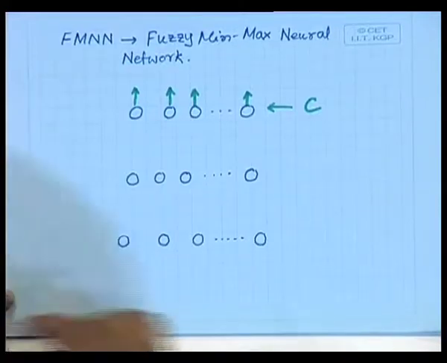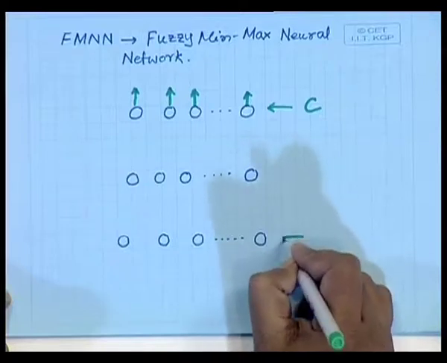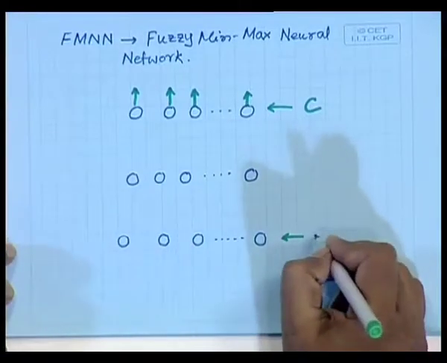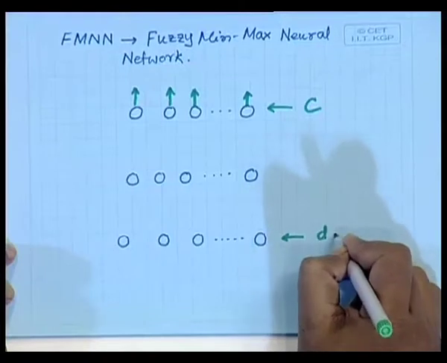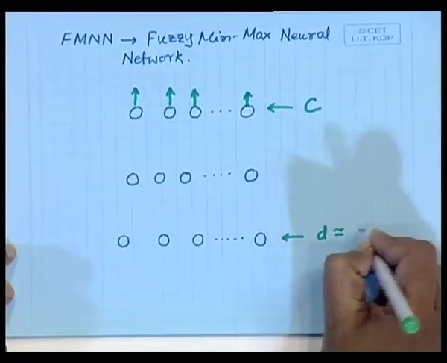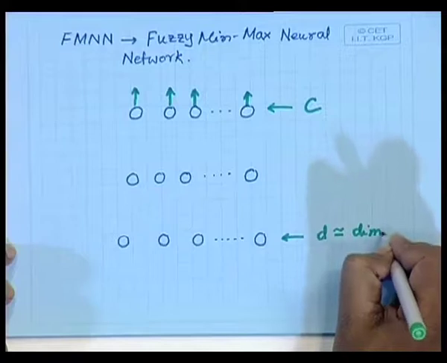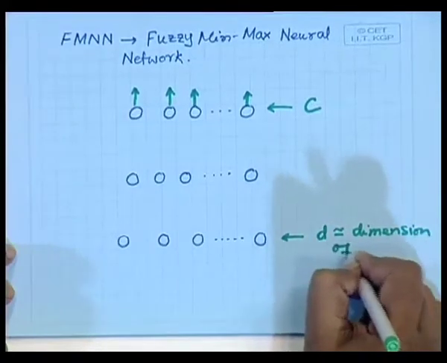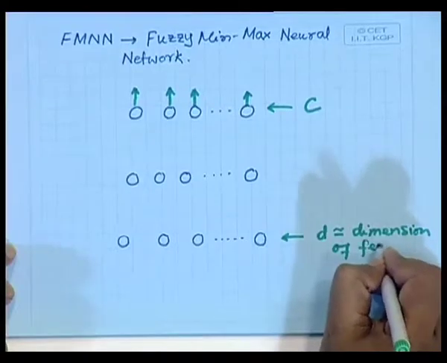Okay. Similarly, the number of nodes in the input layer is the same as before, that is equal to the dimensionality of the feature vectors. Okay. So, the number of nodes in the input layer will be D, which is nothing but the dimensionality of features or feature vectors.